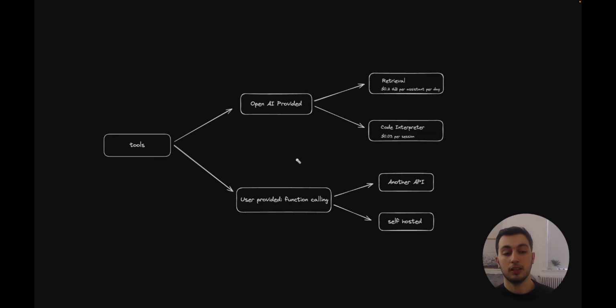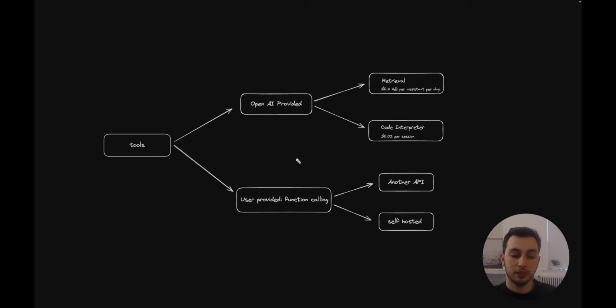Also, you can provide your own tools, and this could be something like another API. For example, this would be the DALL-E API. It's not provided. Maybe in the future they would include it in the OpenAI provided ones, but right now it's not. So what you can do is include it as a tool for ChatGPT, tell it the API specification, and then it will create images for you. Or you can create your own custom tool for your business or client.